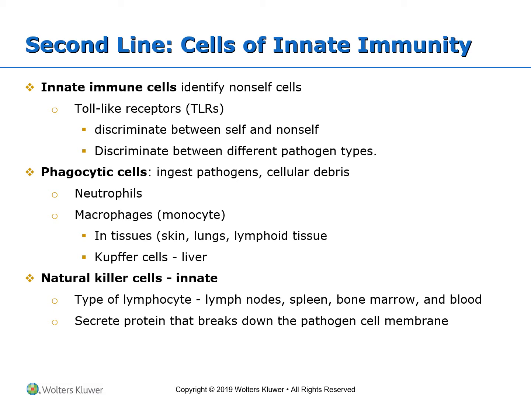Those natural killer cells possess those toll-like receptors and also other receptors that can detect antigen patterns that can be in the pathogen or in cancerous cells, and as a result of that, they will come in contact with those abnormal cells and they will destroy them. They are exactly like the name says, natural killers, and they are found in specific types of tissue in our body. Beside the blood and the bone marrow where they develop, they can be found in lymph nodes and spleen.